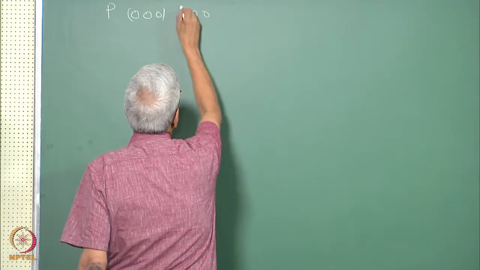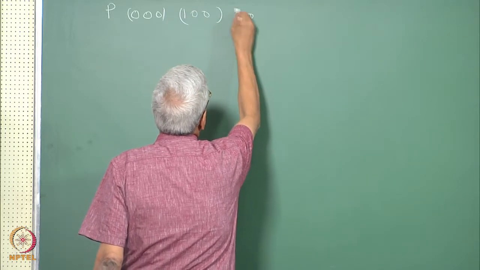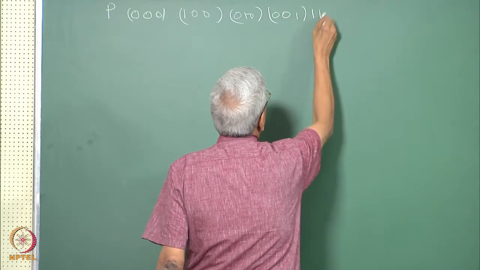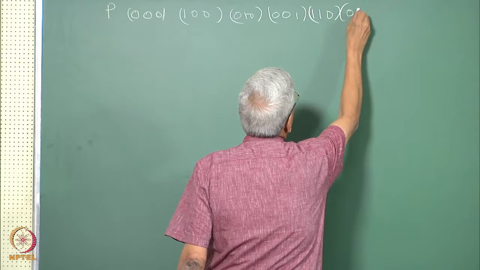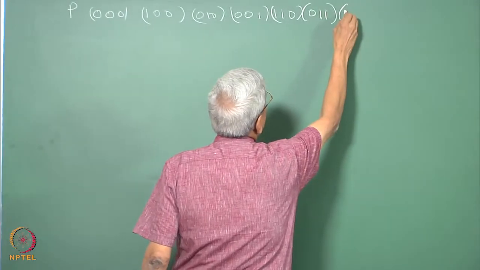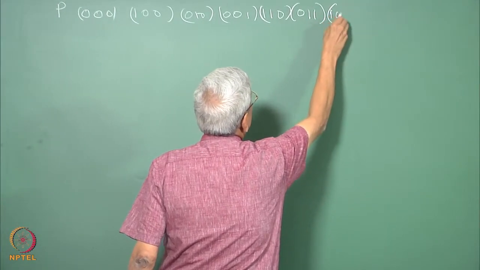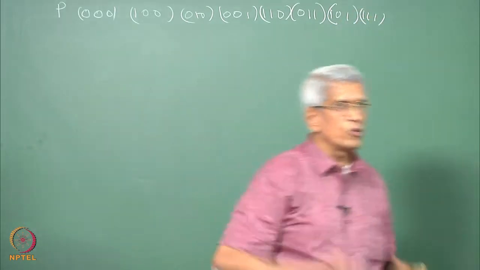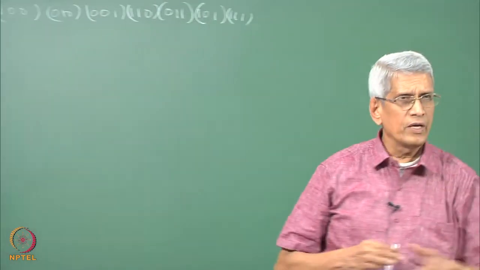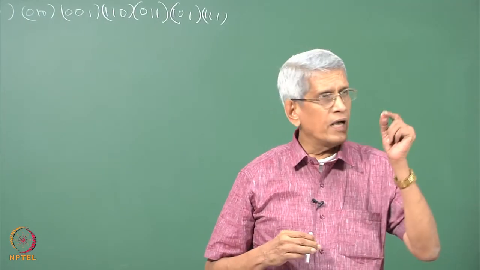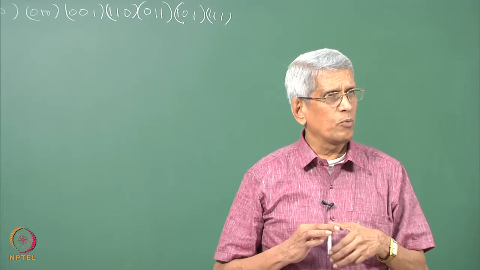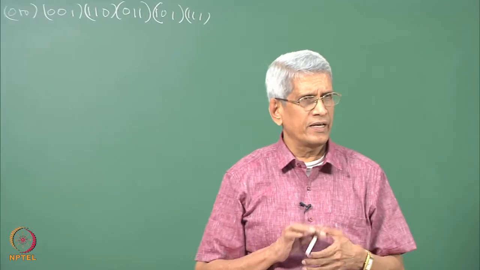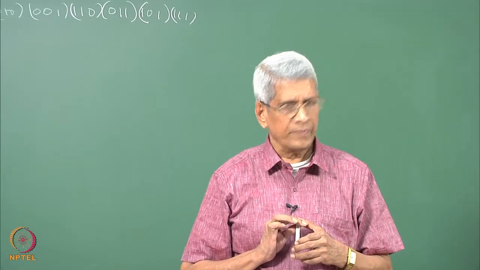This will become 1 0 0, then 0 1 0, 0 0 1, 1 1 0, 1 0 1, 1 1 1. Like that we can go ahead and the full unit cell could be constructed, because this way, using translational symmetry and knowing the position of the atom at the origin, the lattice point, we can construct the lattice, correct?